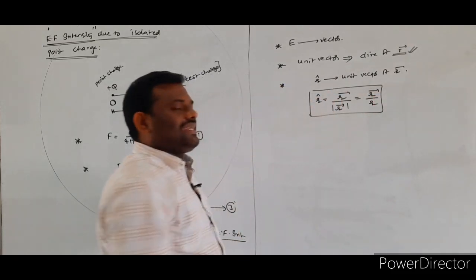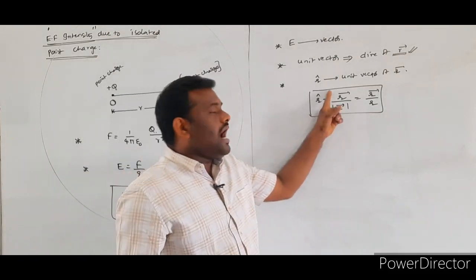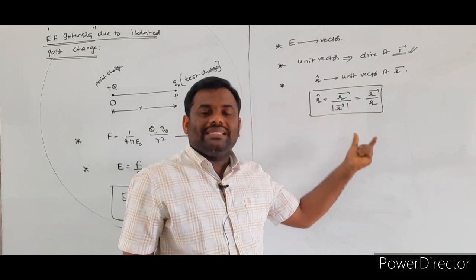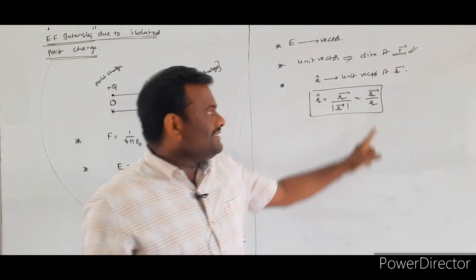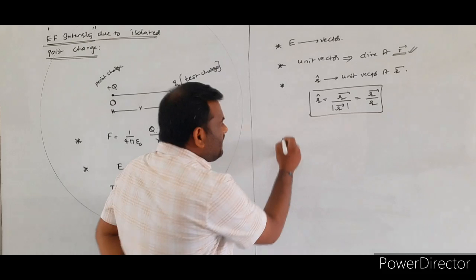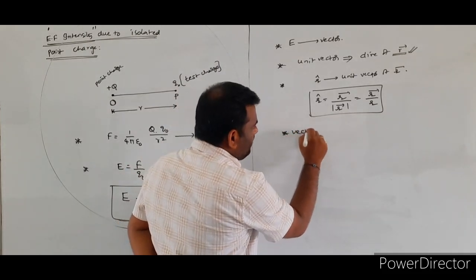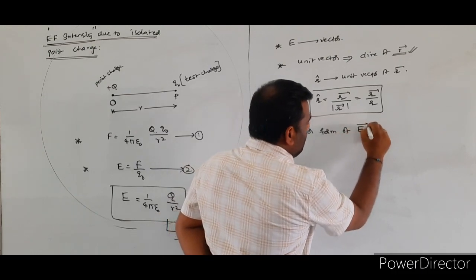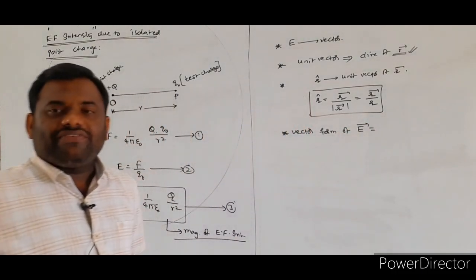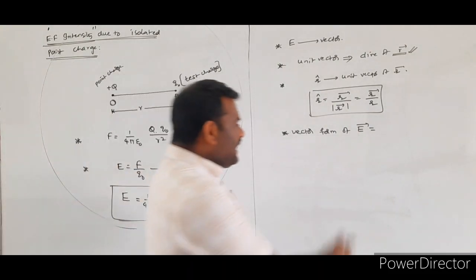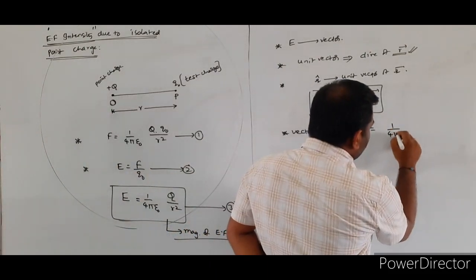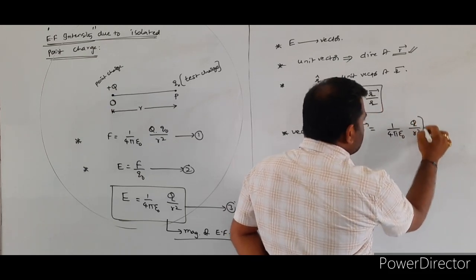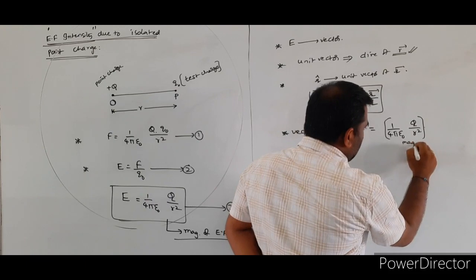From the definition of the unit vector, r cap is equal to r bar by modulus r bar. Modulus r bar means what? Magnitude of r bar, that is equal to r. Therefore, the vector form of electric field intensity E bar is given by E bar is equal to 1 by 4 pi epsilon naught Q by r square, which is indicating what?